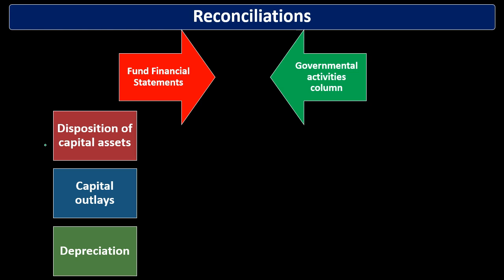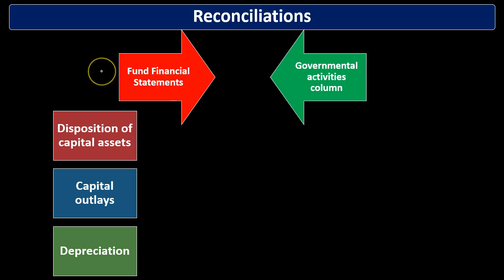We record them instead as a flow type of activity. So we're going to have a timing difference. Under the normal accrual government-wide activity, we record it as we would expect: we put the asset on the books, then we depreciate it.